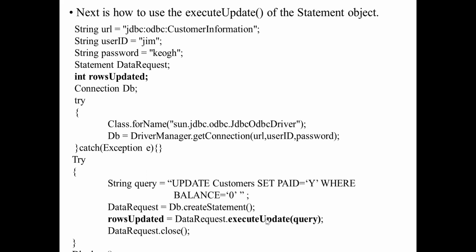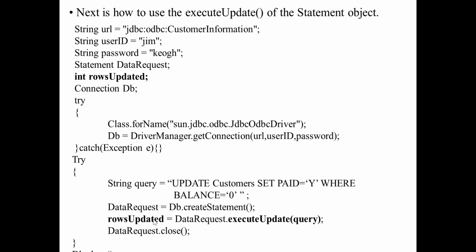And I use one more try catch because I have to close db, that is the connection. I use the string query equal to update customer set paid equal to yes where balance is 0. So when the balance is 0, we set the paid variable to y. This update will execute on the customer table.